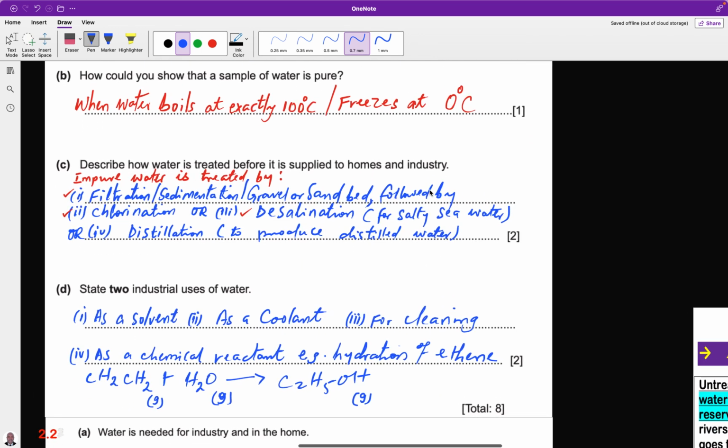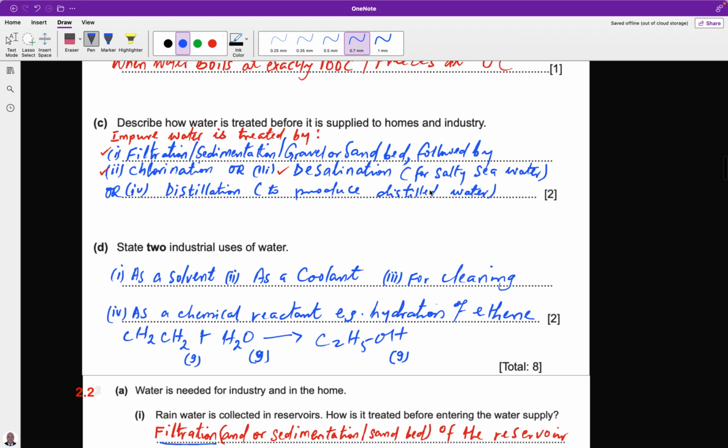C. Describe how water is treated before it is supplied to homes and industry. Remember that the water we use in our cities today, in schools, in industries, in our homes, is taken from rainwater, from seawater, and from other reservoirs.